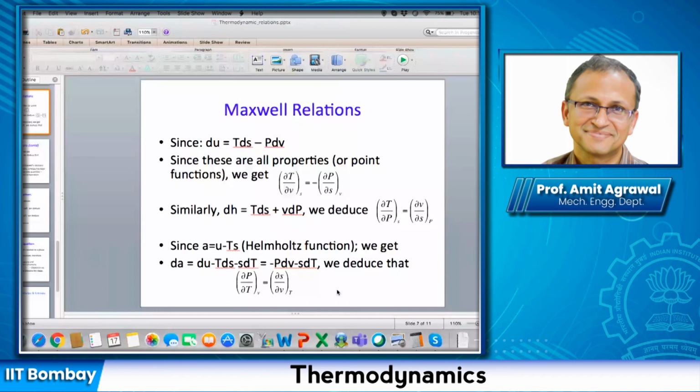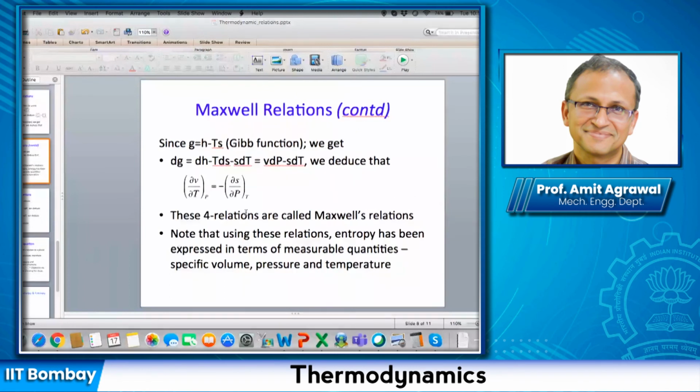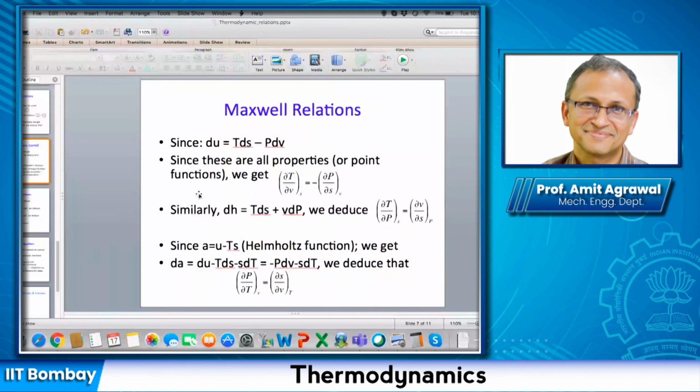You cannot relate one with respect to the other, because if you look at the derivative of V, for example, one is the derivative of V with respect to S. This is of course the derivative of V with respect to T, and the derivative of V with respect to S. So the derivative of V with respect to T here is there, but here it was with respect to constant entropy. This is at constant pressure.